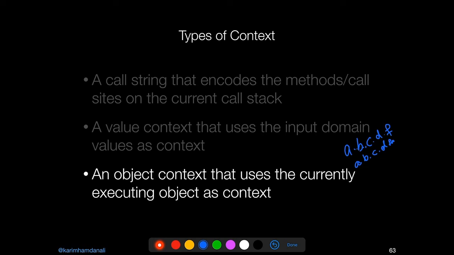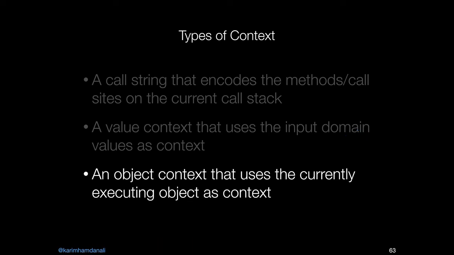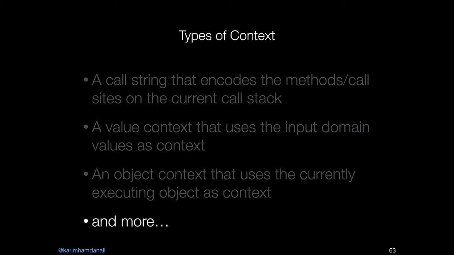Or it might be that I'm going to use the context as A.B.C along with foo. So I'm over approximating that actual access path here that I have. And there are many, many more types of contexts that we can use and define. Each one of them has its own trade-off between precision versus scalability versus performance of the analysis, as we're going to see in our lecture on Tuesday.